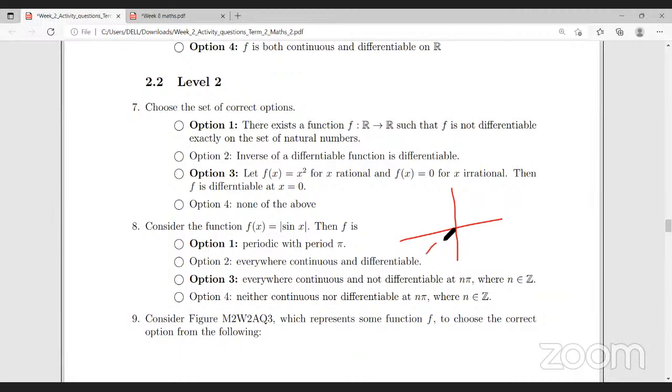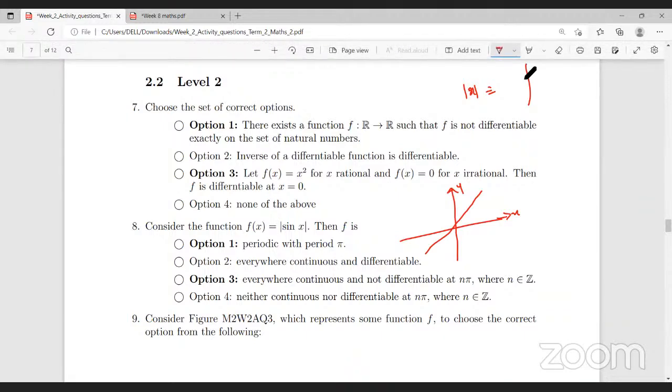Y equal to x, like this. What is the graph of mod x? V shape. V shape means it will be like this, so my negative part will become positive.